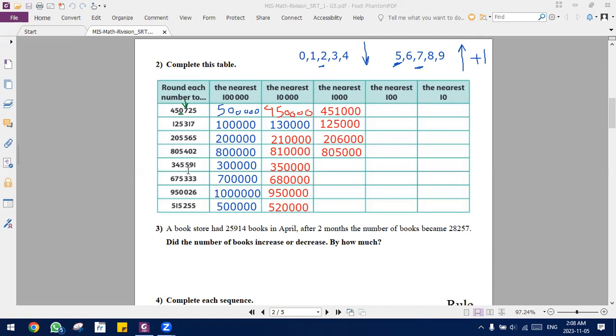We underline 5, we check 5, 5 is round up, 346. Then 675, we check 3, 3 is round down, so it will stay the same, 675. 950, we check 0, it's round down, so 950. Last one, we underline 5, we check 2, 2 is round down, so it's 515.